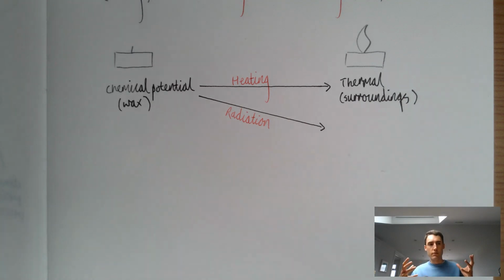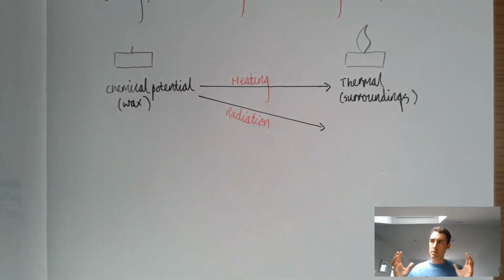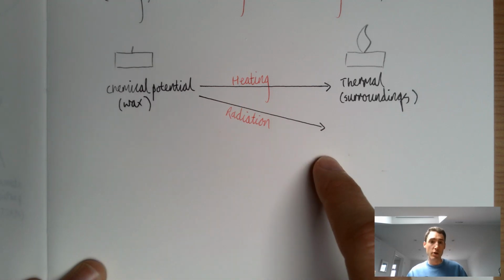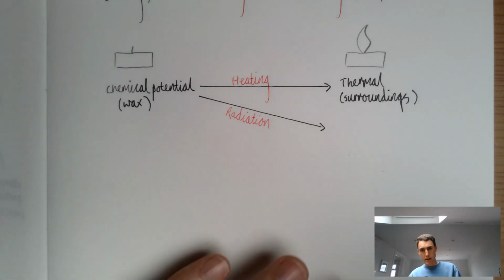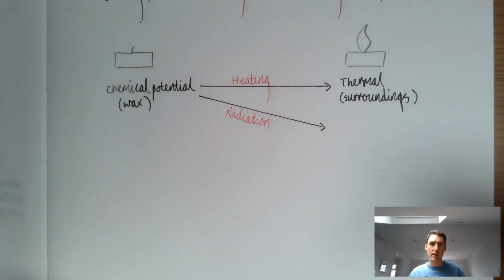But for me, it doesn't feel like the light there is going to increase any energy store. I mean, you could say it's increasing some sort of energy within the surroundings if light is absorbed by something. But really, I think we can just ignore that and say we just need to remember that there's this other way of transferring energy from the wax, which is through radiation. Yeah, it's a tricky one to explain to students, but they need to recognise that there are two things going on.